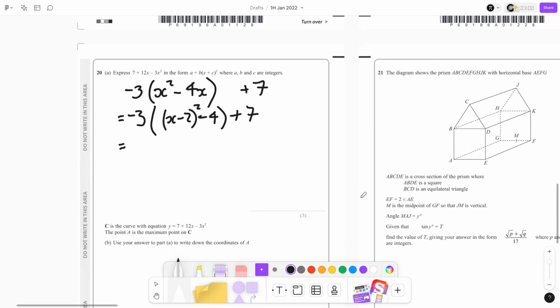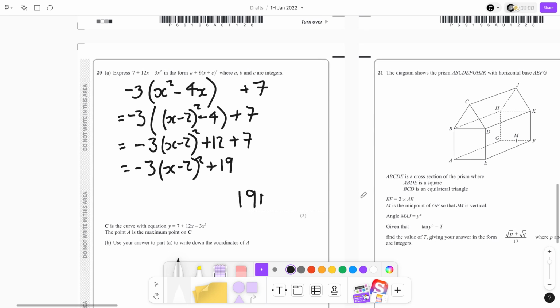And then we've got minus 3 times the brackets, x minus 2 squared, then we're going to have plus 12 plus 7. So altogether we've got minus 3 x minus 2 squared plus 19. So if we write that in the form, we're after 19 minus 3 x minus 2 squared.